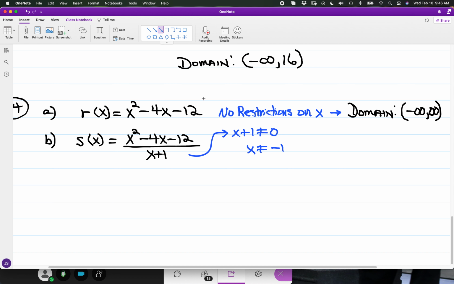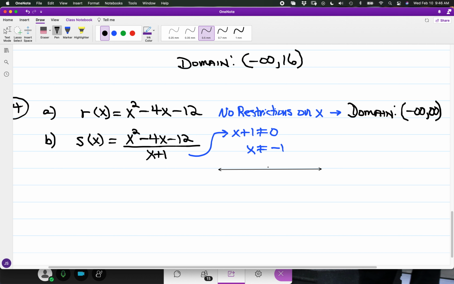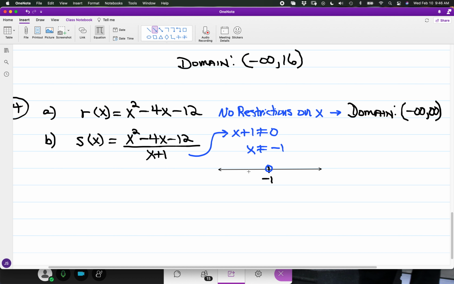And to give you a bit of a visual so as to be able to express the domain in interval notation, this time we have the value to focus upon at negative 1. So negative 1 is excluded, so you're going to have a hole at negative 1. And everything else is going to be in the domain.